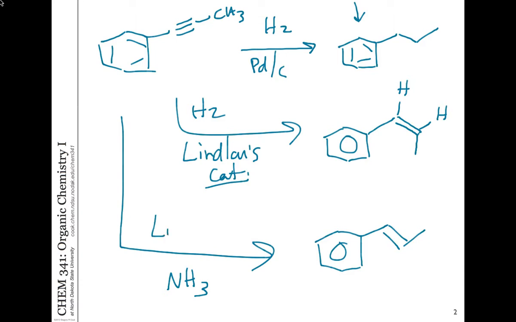Lithium, or sodium metal will work also. The mechanism is a little more complicated. It goes one electron at a time to make the anion and the free radical, then protonation and then another electron. But the result is you end up with a double bond which is trans. Good. So that's reduction chemistry.